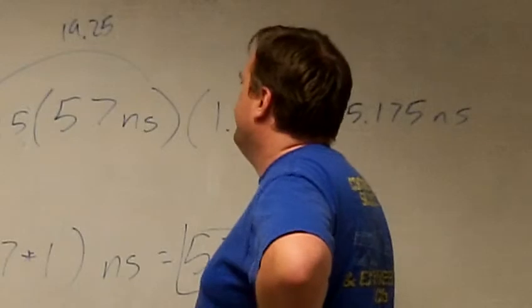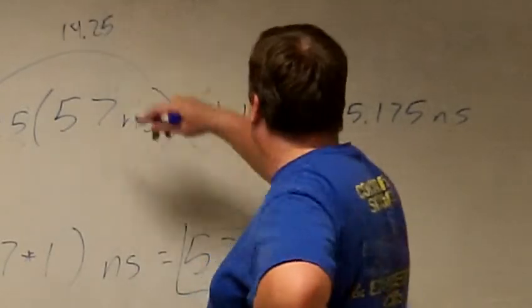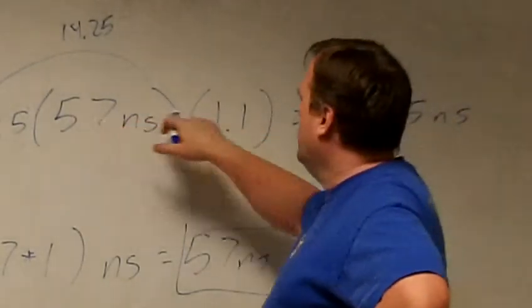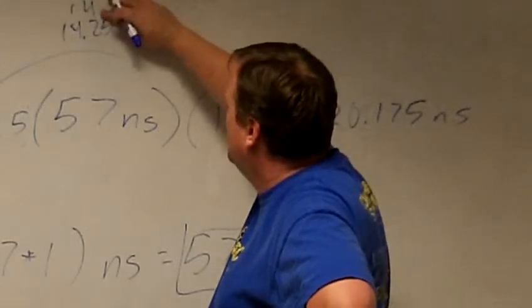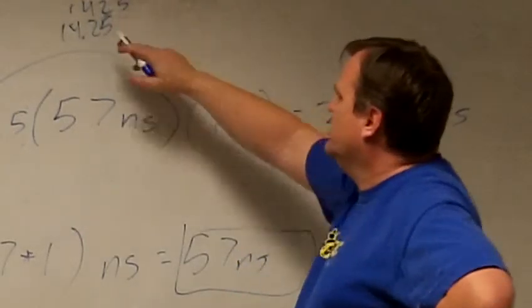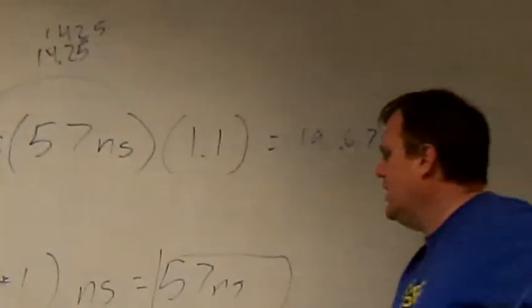Oh, you're right, so I'm off by 5. So you sure about the error, because it's 14.25? No, after that multiplication, you get 15.6. Yeah, so 15.675. And then you add 4. 19.675. Yeah, there we go.